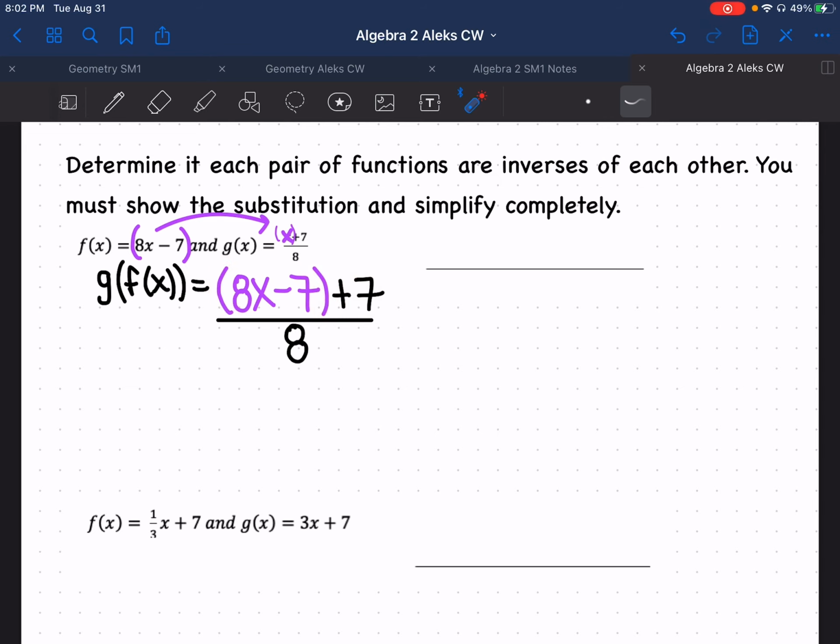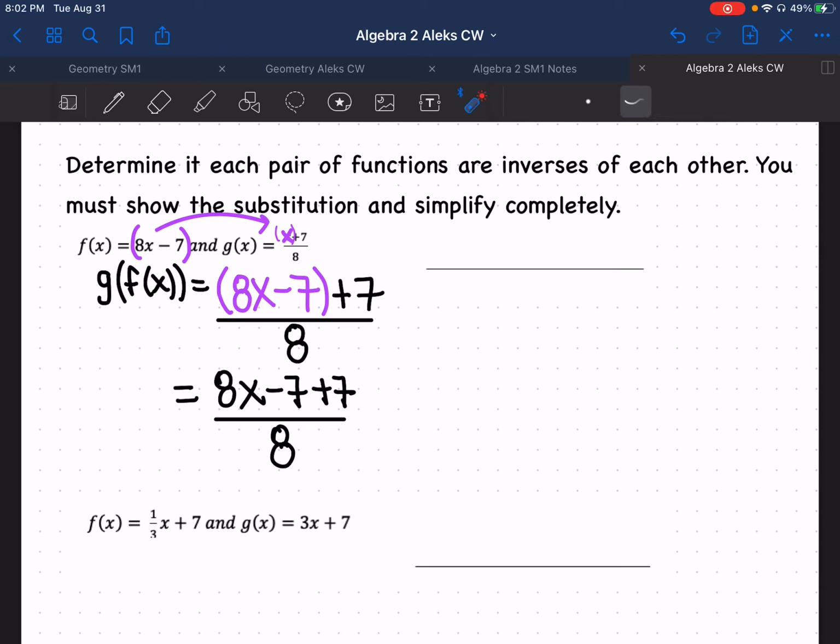So I cannot actually distribute that. If I were to distribute, there would have to be a number right here, like 2, or there would have to be a number right after here, like 3. There's neither, so I can go ahead and simply think of this as 8x minus 7 plus 7 divided by 8.